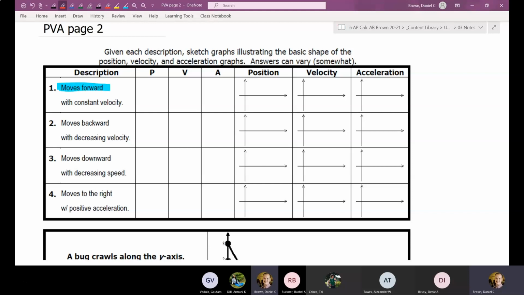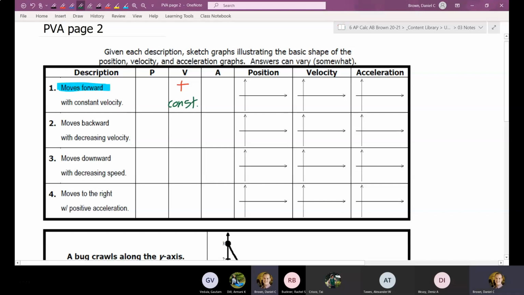We don't know anything else about that. Velocity is what talks about movement. So if I say something is moving forward, what do we know about that velocity? Is it positive or negative? Positive. Forward movement is going to be positive. So I know that velocity is positive. And then the second statement is a constant velocity. Well, if it's constant, then that just means my velocity is just constant. That's what I need to know.